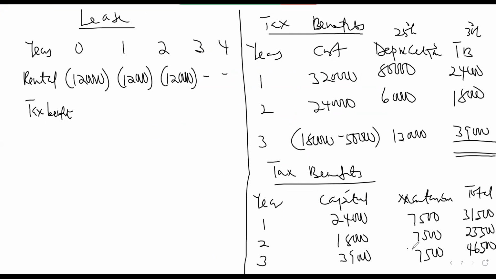What is the tax benefit that you are enjoying on the rentals every year? 0.3 times 120,000, I'm getting 36,000. This will start from year 2 because the tax is paid one year in arrears.